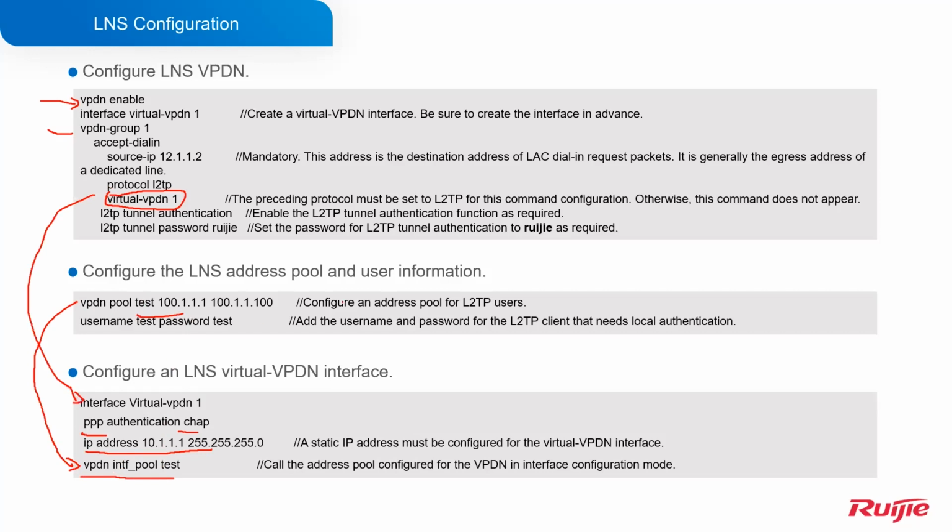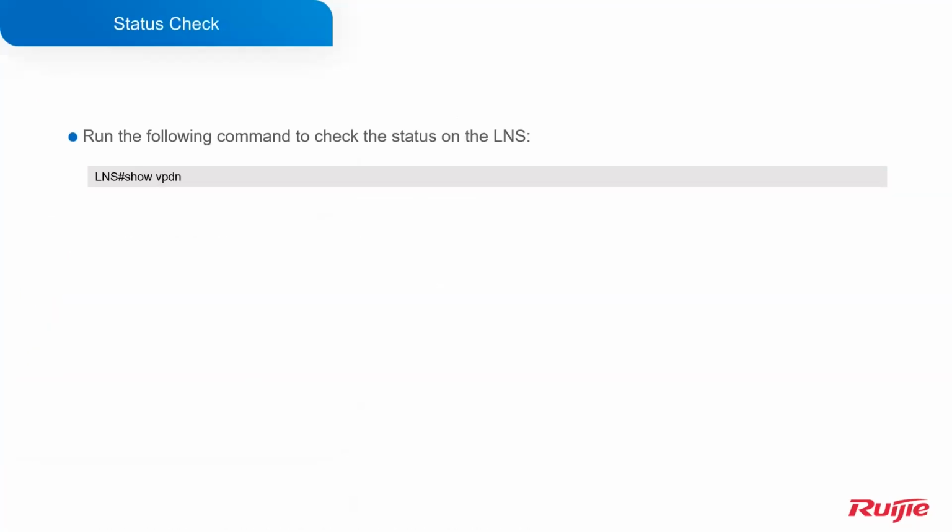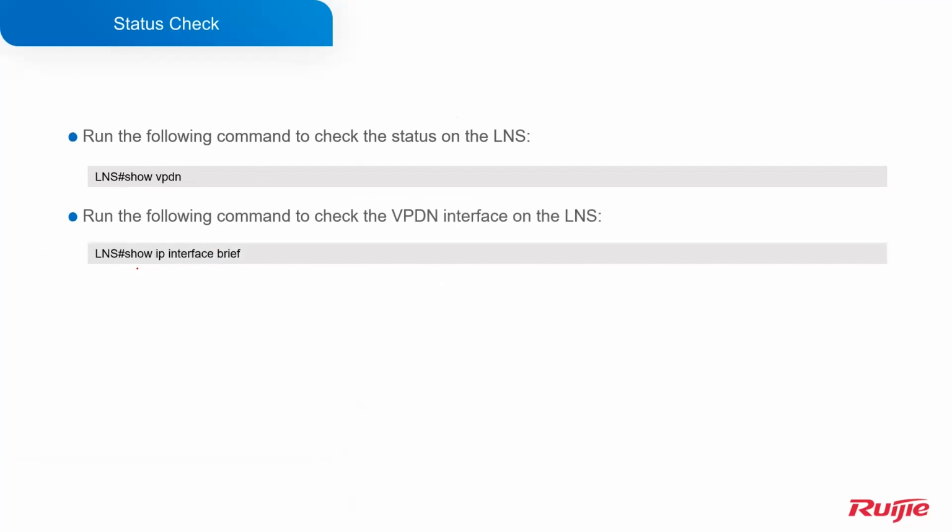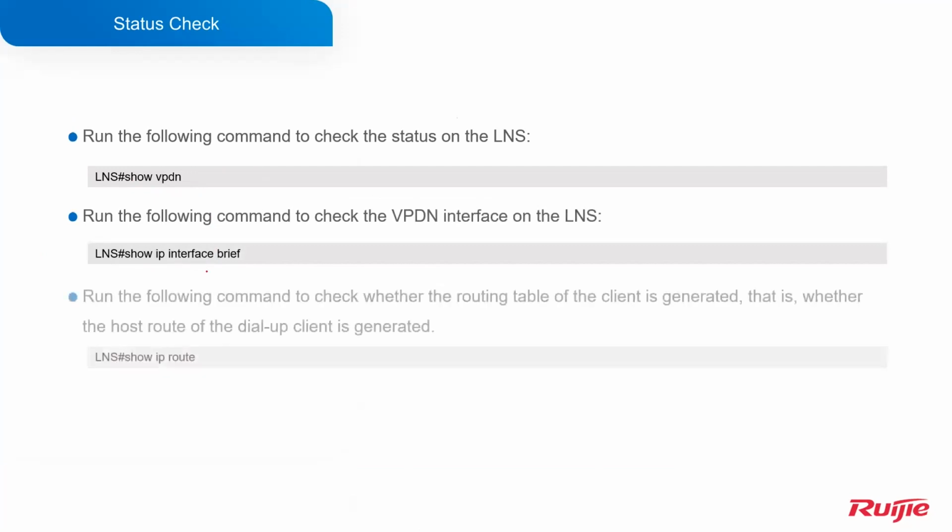So this is the relationship, LNS. And then you can check the result with show VPDN, and also maybe you can check whether your interface is up or not, and also you can check some routing information. And of course, on your LAC, you also have to add some configuration to show your LAC who your server is, something like this.